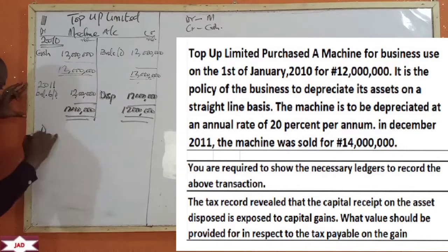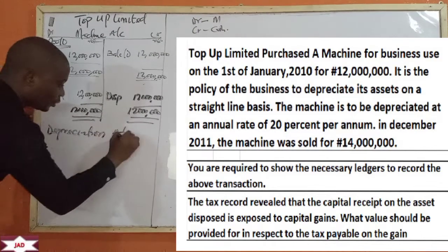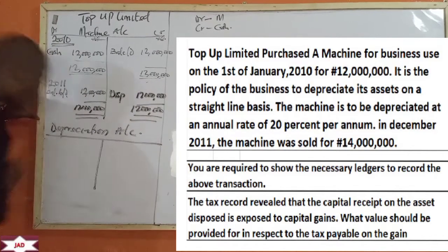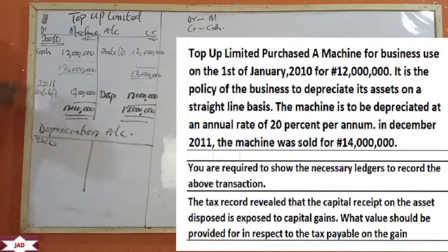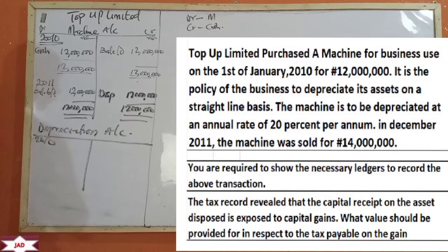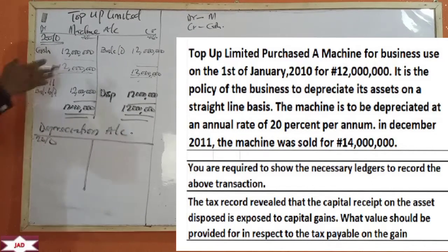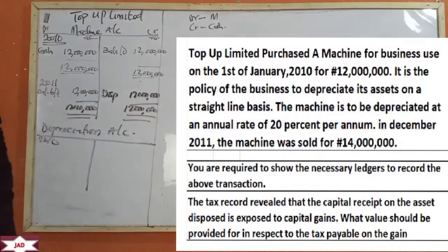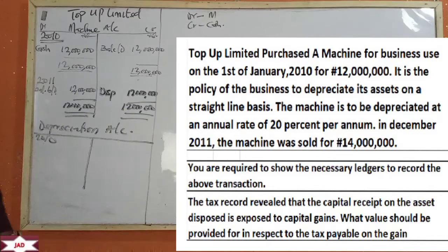So what would we say? Depreciation account, right? So in 2010, there is a depreciation on the asset, which is what? They say 20%, right?